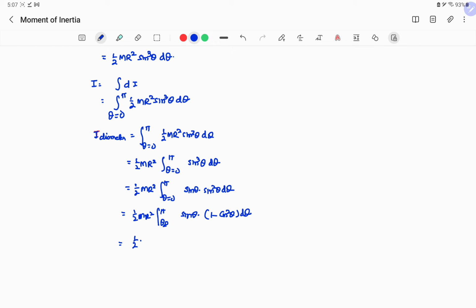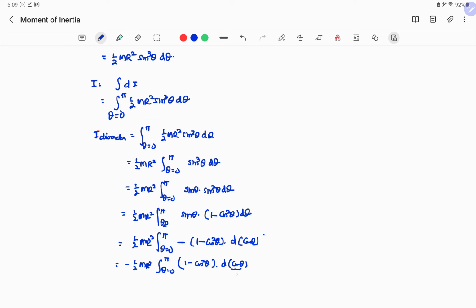This is equal to 1 by 2 m r square integral theta equal to 0 to pi, and this sine theta d theta can be written as minus d cos theta. We can take this minus sign out of the integral, so it will be minus 1 by 2 m r square integral theta equal to 0 to pi of (1 minus cos square theta) into d cos theta.